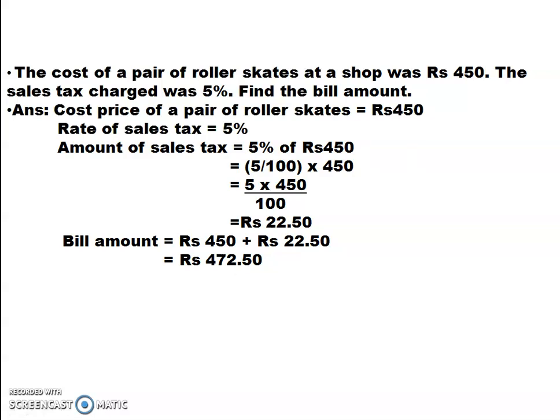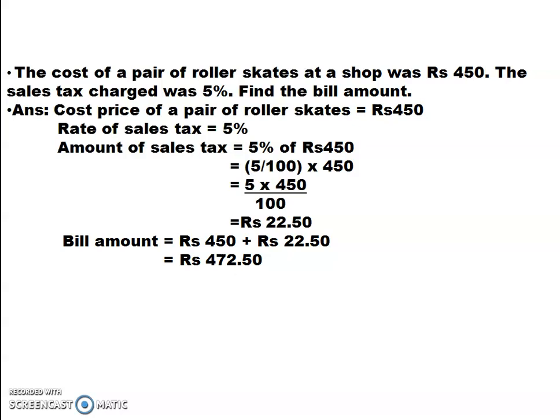5% of 450 will be added. Let's find what is 5% of 450. 5 by 100 into 450, that is rupees 22.50. So an amount of 22.50 is added to 450. Why? It is calculated as sales tax.